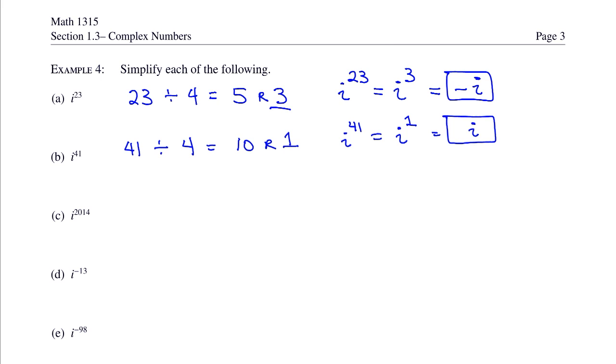Then i to the 2014 power. 2014 divided by 4 is 503 with a remainder of 2. So i to the 2014 power is the same thing as i squared, which is negative 1.